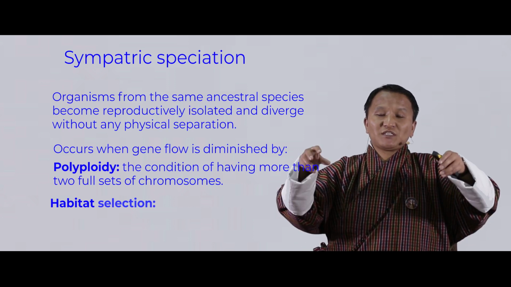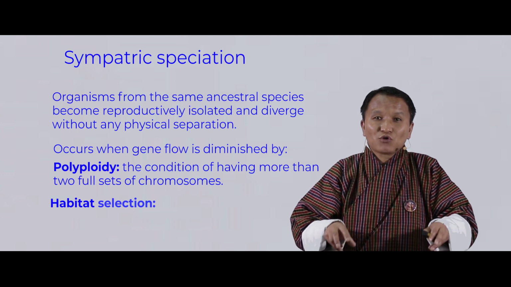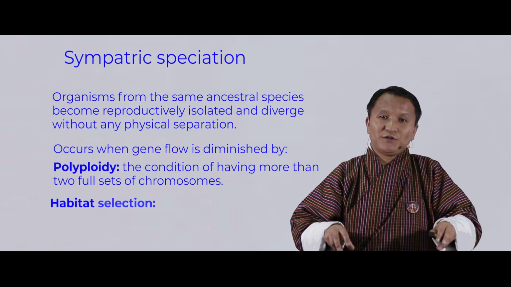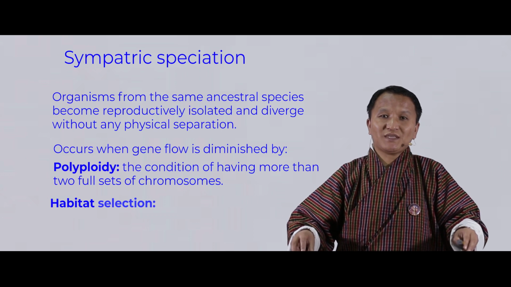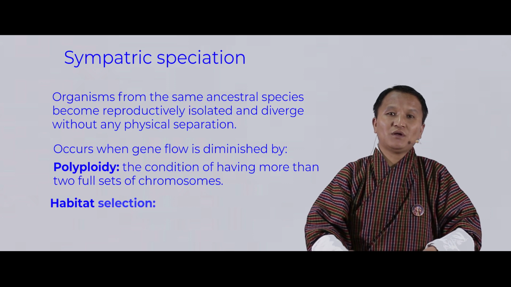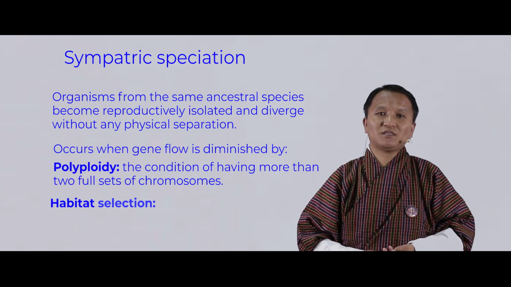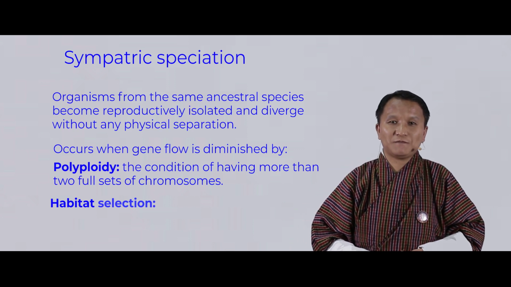So the species might be inhabiting the same place, but because the chromosomal numbers are different in the two species, they cannot interbreed, and this results in the formation of a third species. So that turns out to be a new species.